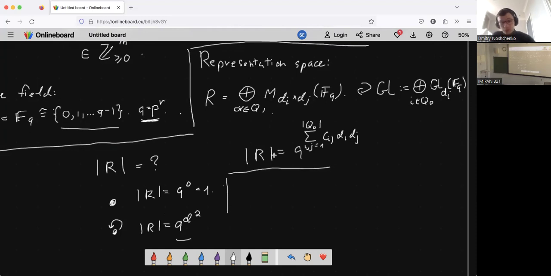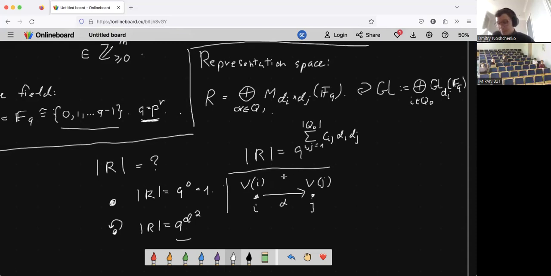Essentially, if we have a pair of nodes, and there is an arrow alpha going from i to j, then we have a pair of vector spaces, V_i and V_j. It is a slight abuse of notation, but usually in the literature on quiver representations, people use V for both vector spaces and linear maps.